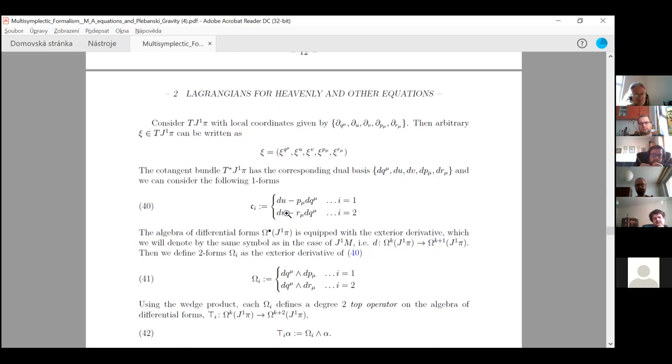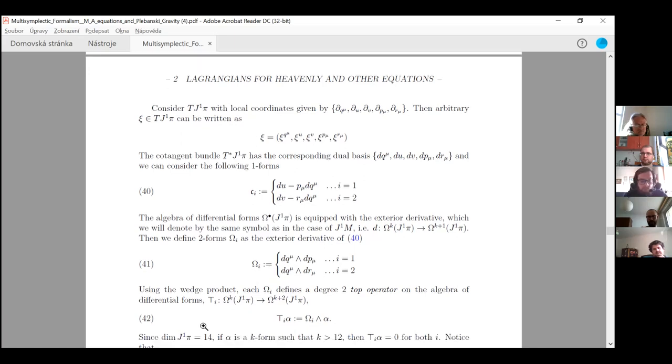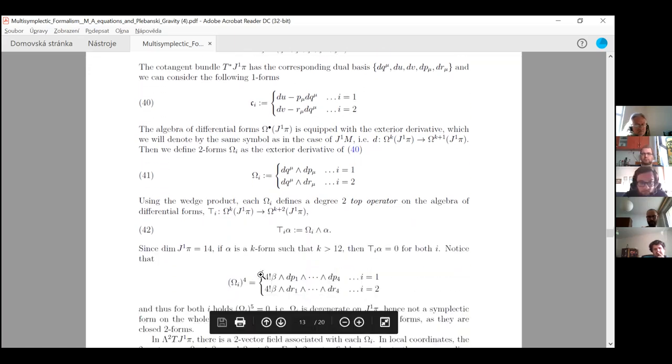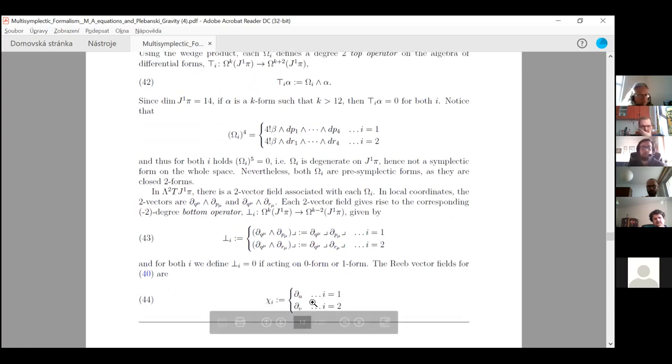We can consider in a completely similar fashion, instead of just C, we have C1 and C2. And when I say P, it's a derivative for the first field. And if I say R, it represents the coordinate for the derivative of the second field. And U is for the field itself, V is for the second field itself. Then I have the corresponding omega I, and I have the corresponding bottom operators bottom I, and I have two Reeb vector fields.